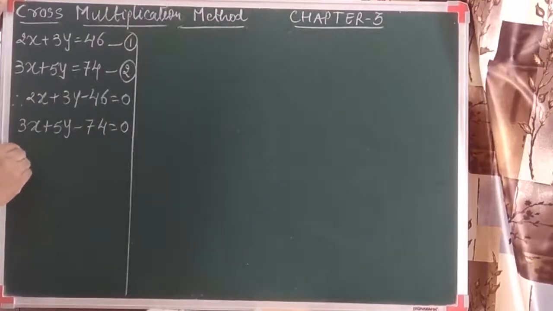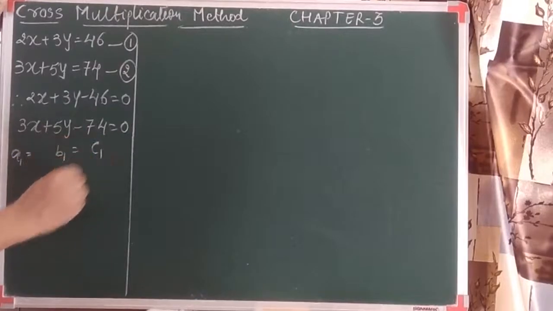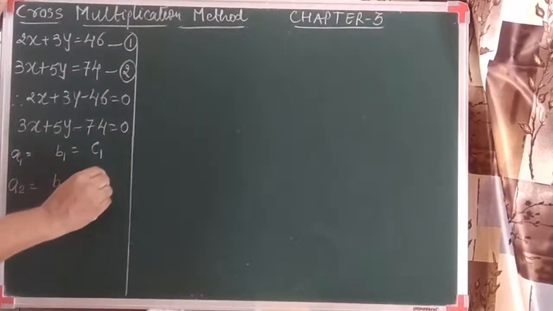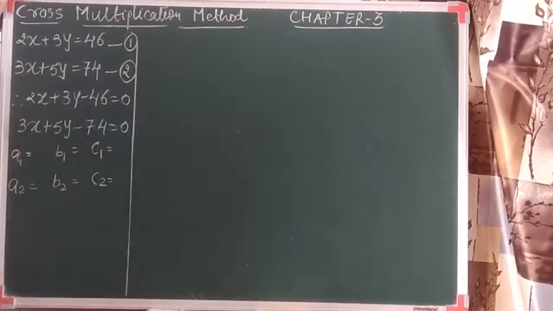Now what next? We should write all the coefficients a1, b1, c1, a2, b2 and c2. The subscript 1 is considered for the first equation and 2 for the second equation. a is the coefficient of x, b is the coefficient of y and c is the constant.